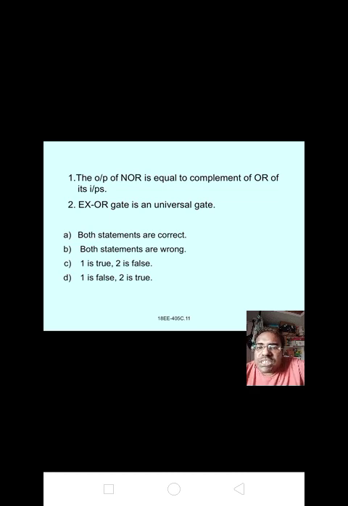B, both the statements are wrong. C, 1 is true, 2 is false. D, 1 is false, 2 is true. The answer is B, both the statements are wrong.